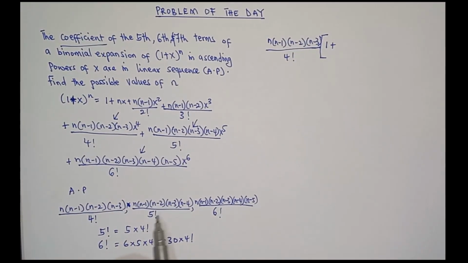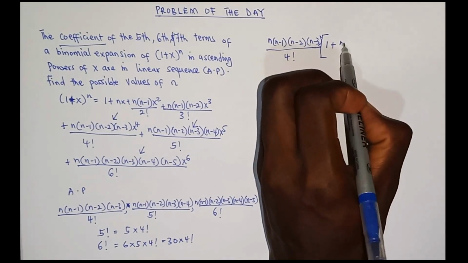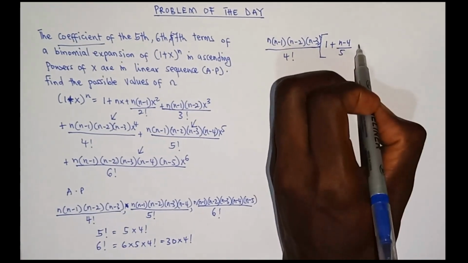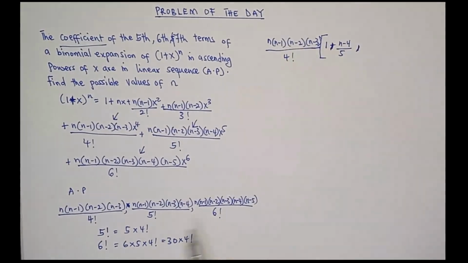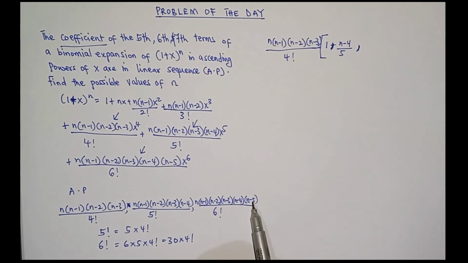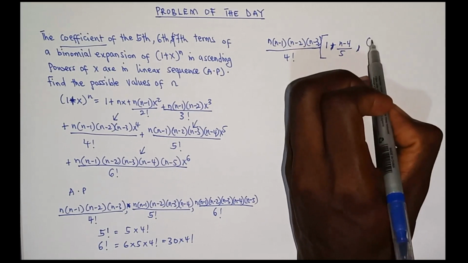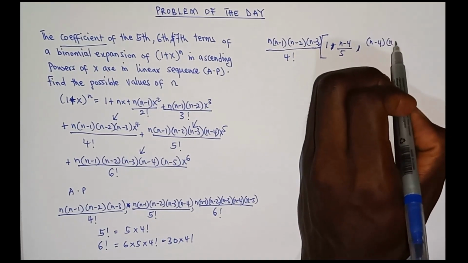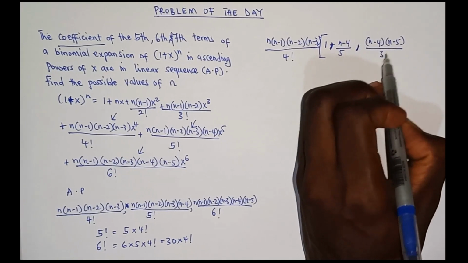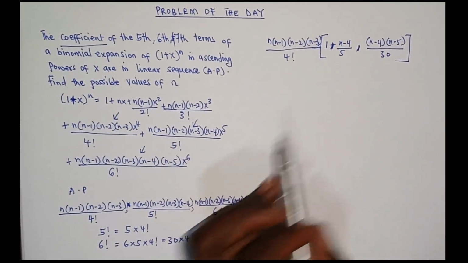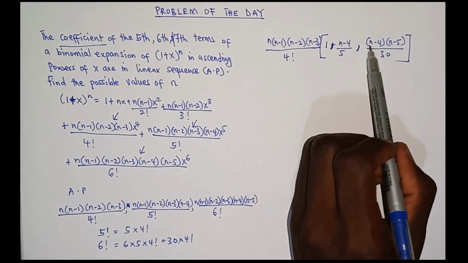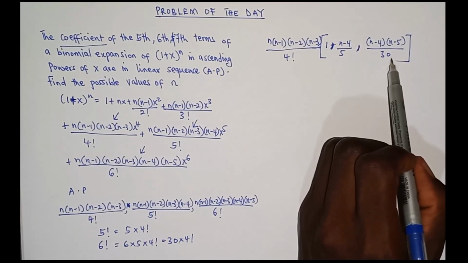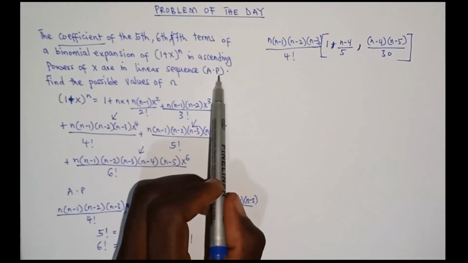If we factorize that out of the second term, we'll be left with (n − 4)/5. And for the last one, we'll be left with (n − 4)(n − 5)/30. So this is the series. So at the end of the day, 1, (n − 4)/5, and (n − 4)(n − 5)/30 are what are in the arithmetic progression.